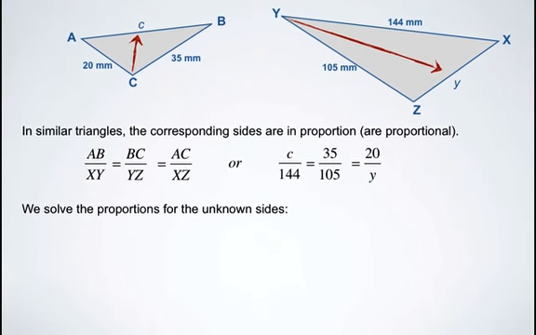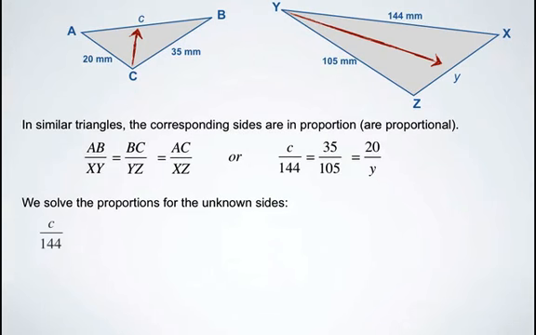To solve for side C, let's take a look at the proportions for the unknown sides. We've got C over 144 equal to the same ratio of 35 over 105.